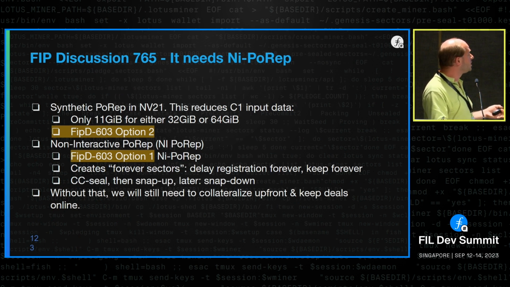That's really where most of these advantages are coming from, which that FIP discussion includes, that these are the potential to be forever sectors. This could allow a completely different view where sealing is just something we do less of, which is nice when it's so heavy.